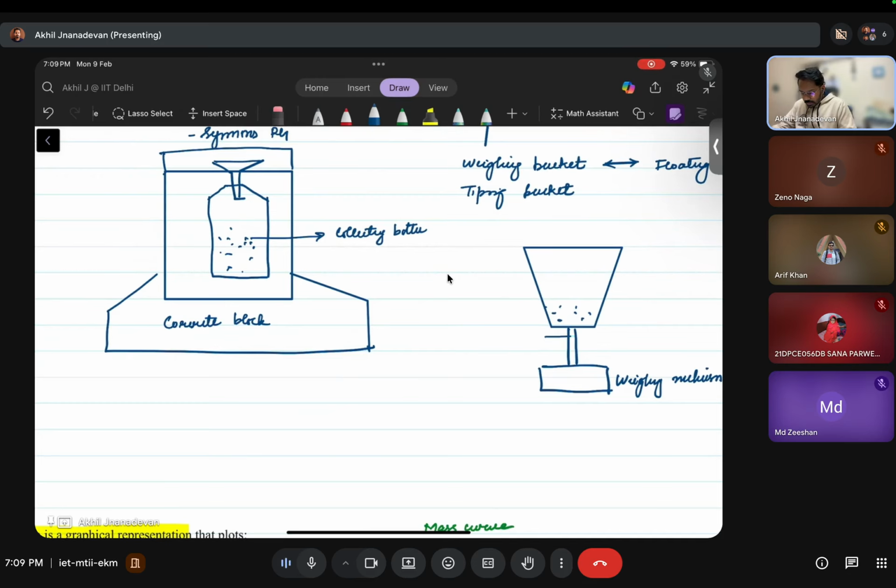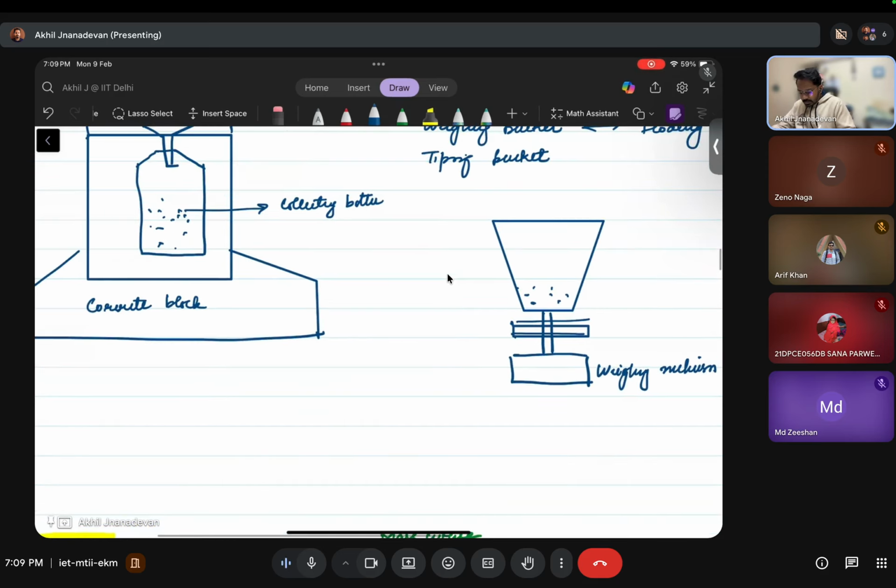Those weights are connected to a balance linkage mechanism, which converts these weights, and it is attached to a pen, and there is a revolving drum over here. So this is called a revolving drum.